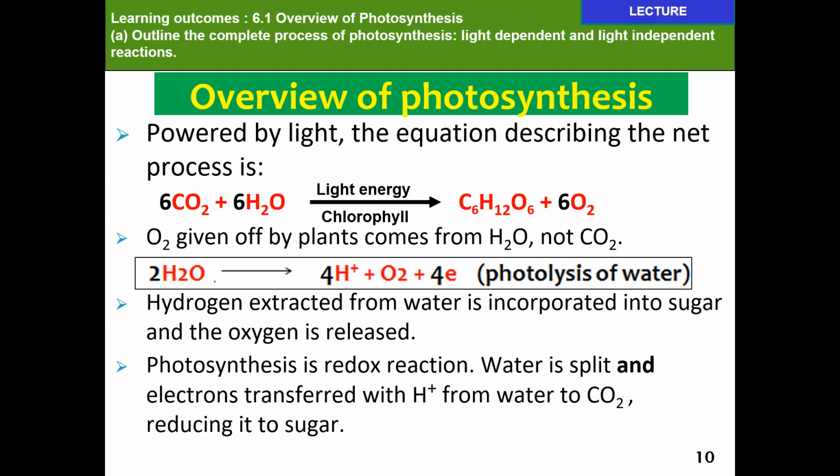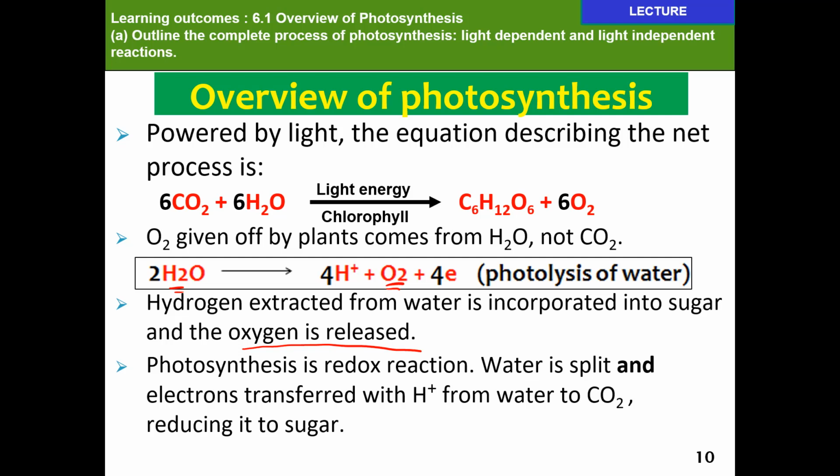The photolysis of water equation shows the proof that the oxygen is derived from water, not carbon dioxide. The hydrogen extracted from water is incorporated into sugar, and the oxygen is released as a byproduct.